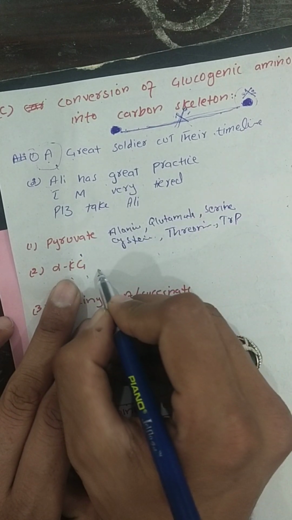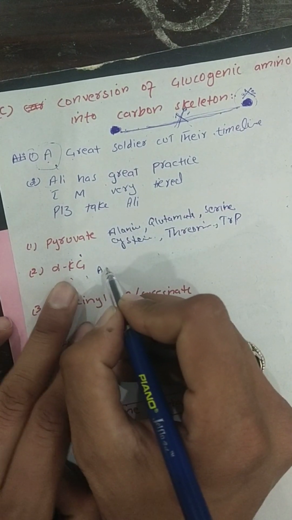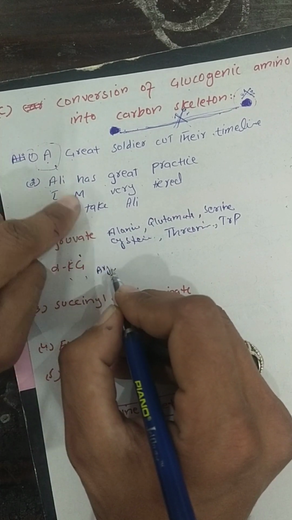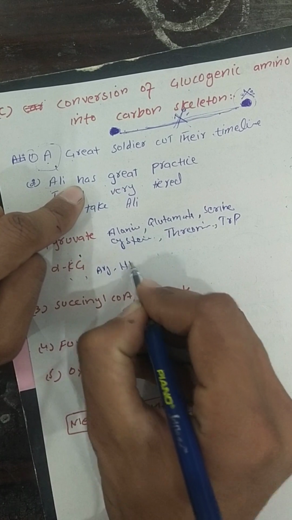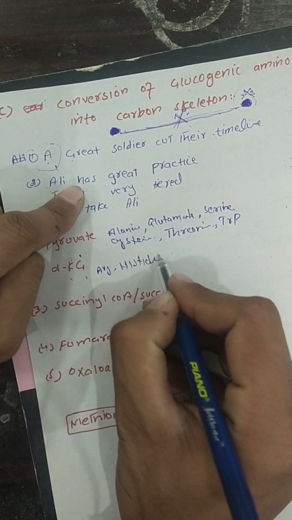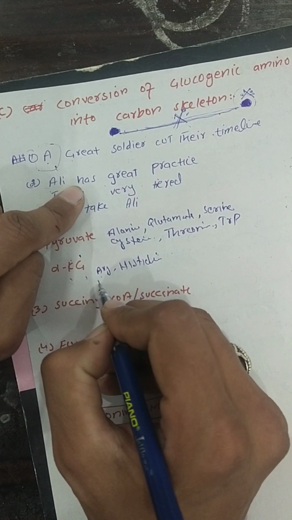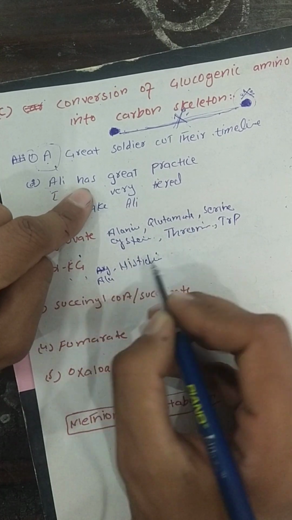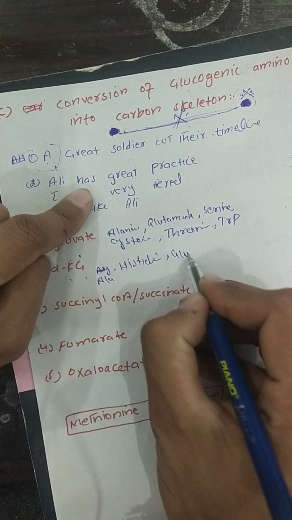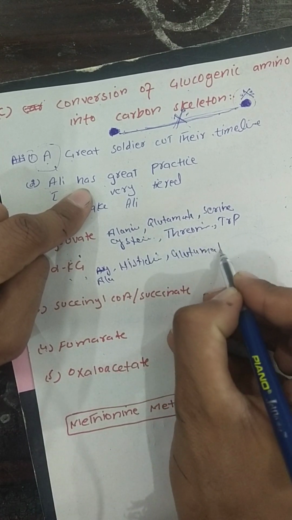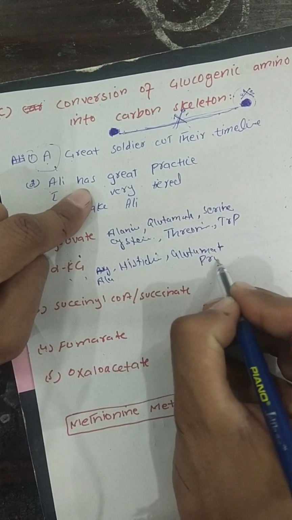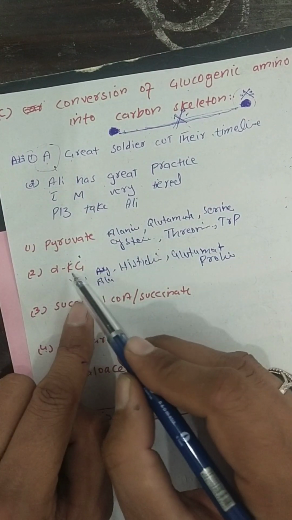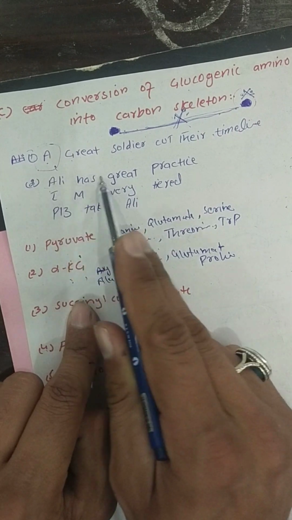So A means arginine, A for histidine, G for glutamate, and P for proline. These are the four amino acids which produce alpha ketoglutarate: Ali has great practice.